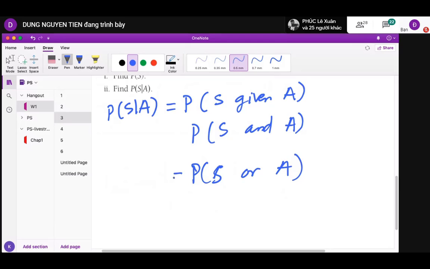S or A is the probability of S plus A. S and A is the probability of S times A. Understand? Okay.